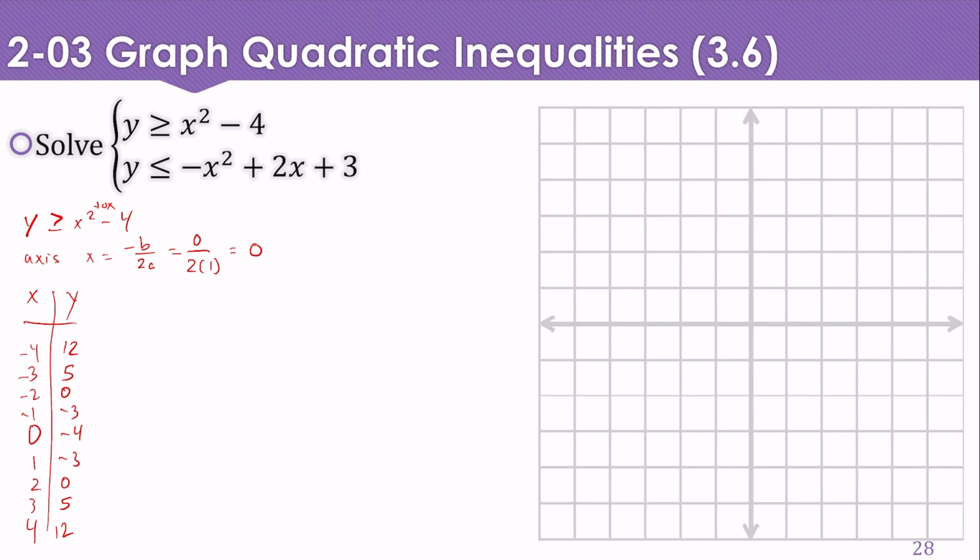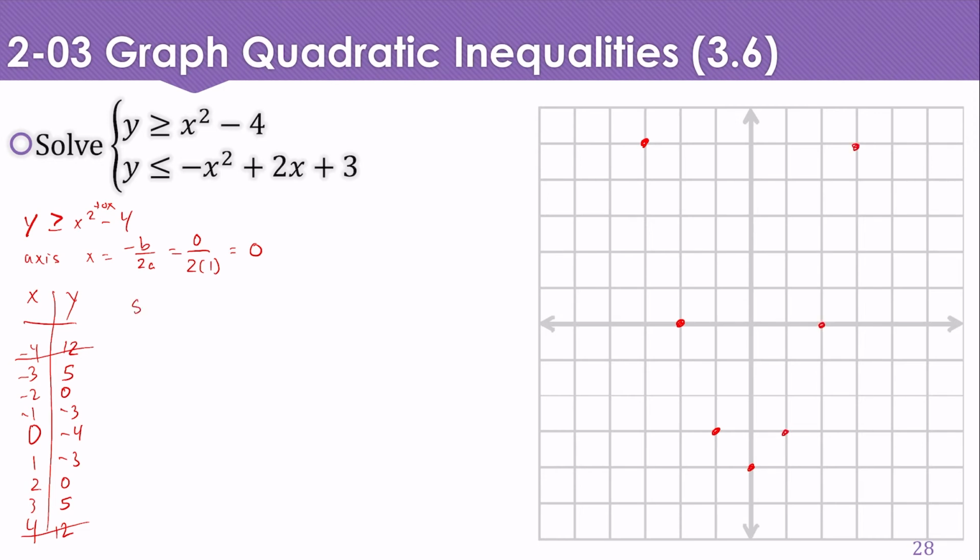Well, I'm not going to do the 4s because they don't fit on my graph. So I have negative 3, 5, negative 2, 0, negative 1, negative 3, 0, negative 4, and then it's symmetric.